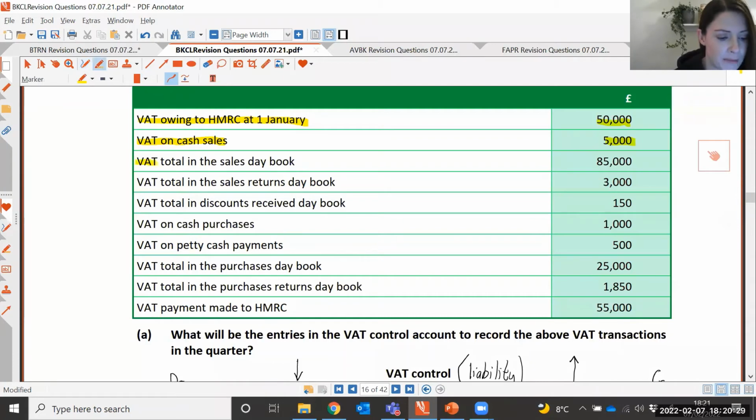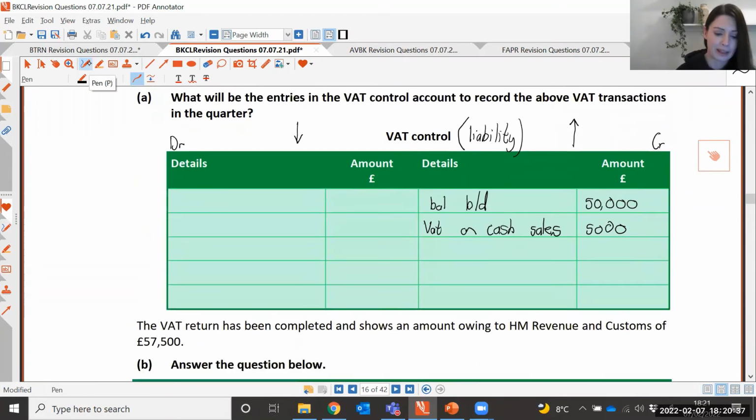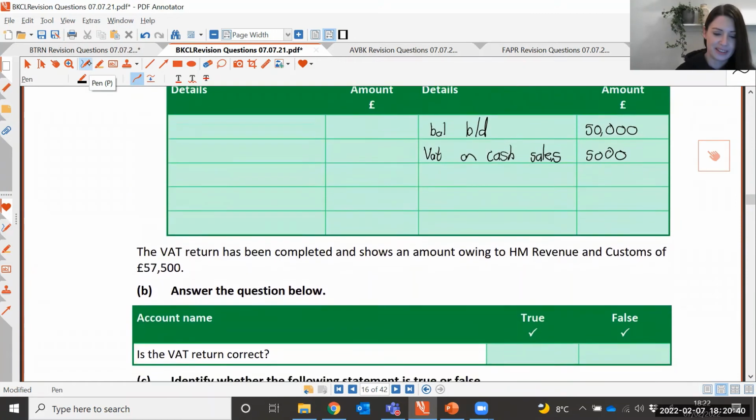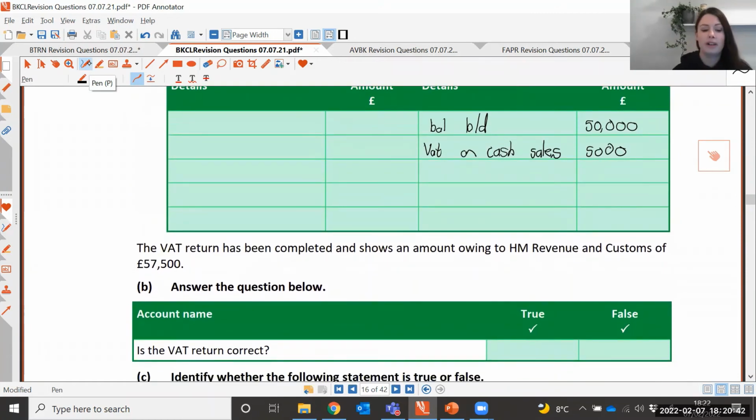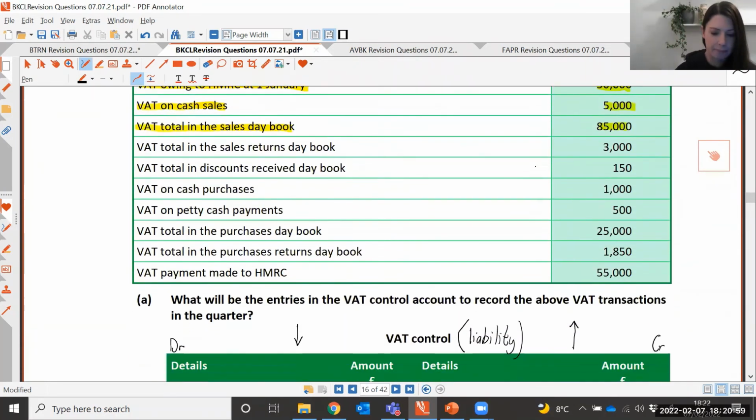Okay, next we have the VAT total in the sales day book of £85,000. Good. Yeah, so on the sales day book, remember this would be your VAT on your credit sales. Just write sales day book. So 85,000.